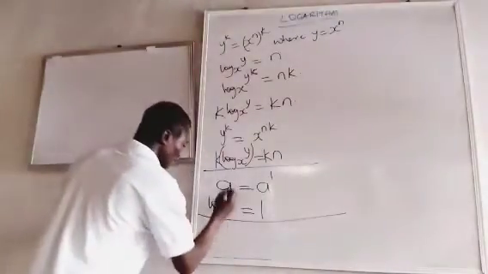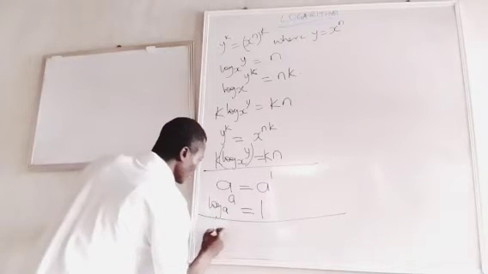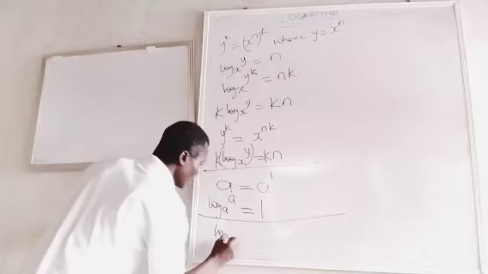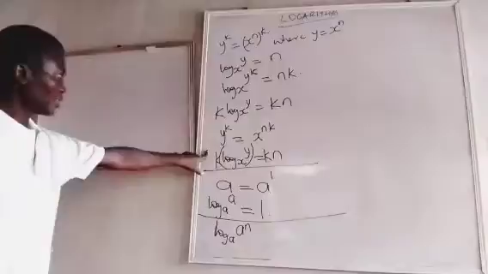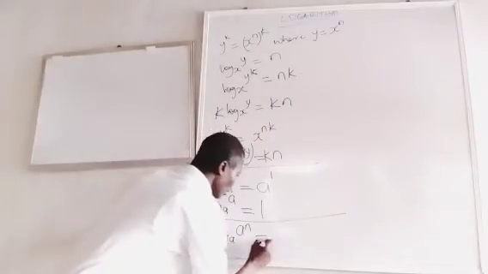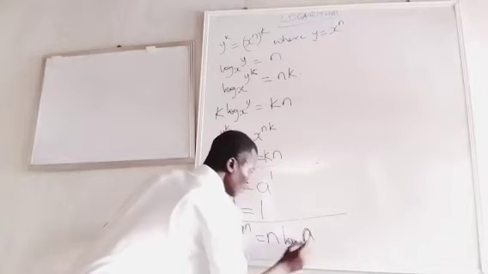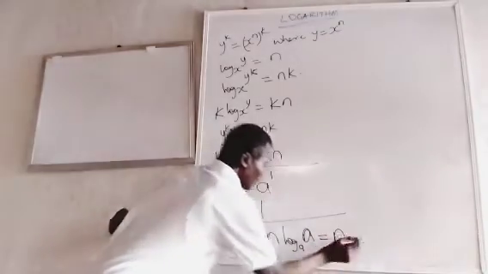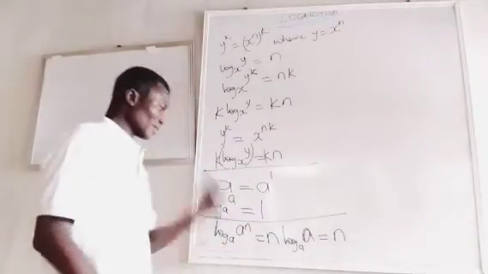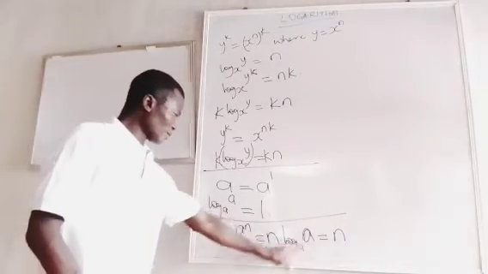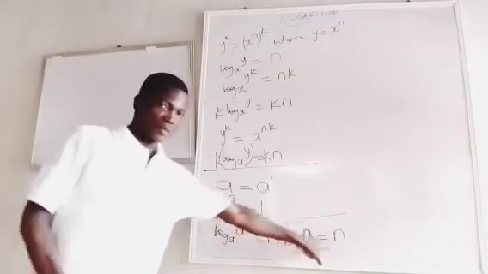I can now say that log of a raised to power n, reasoning from this place, will be equal to n log a base a, which is equal to n, because log a base a is equal to 1. So if you have it like this, it's going to give you n.